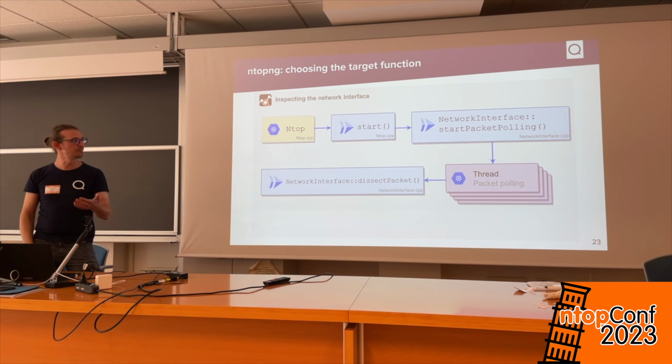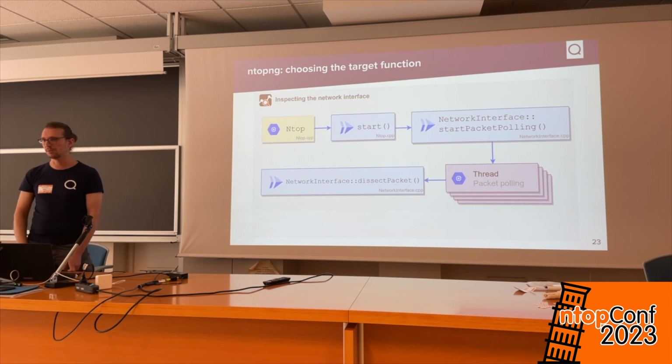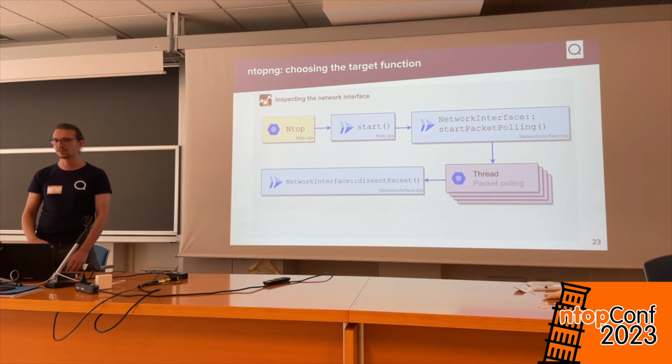In this start packet polling function, a pool of threads will be initialized, and each thread will do a packet polling to the interface, and every time there is a new packet, it gets analyzed. When it is being analyzed, the function this packet will be called. That is the one responsible for analyzing the packet, which calls nDPI under the hood.